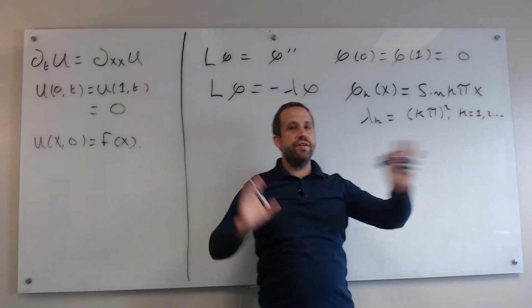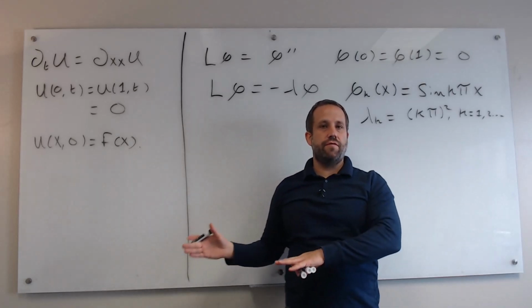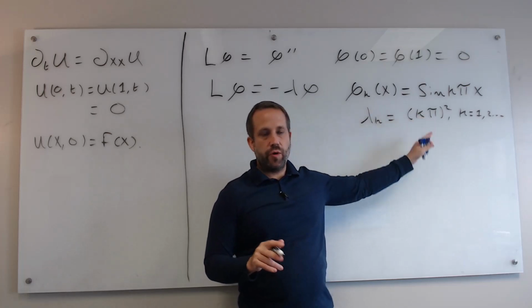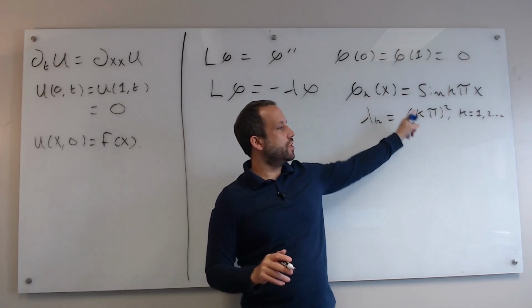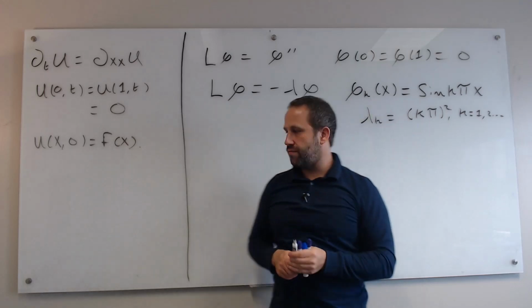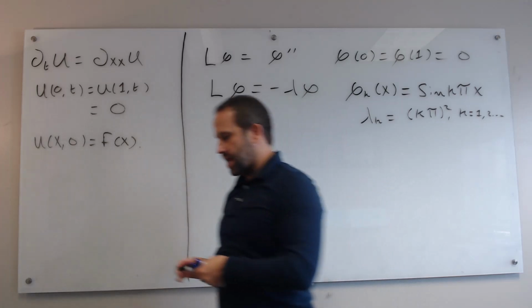Now, if you hadn't done the separation of variables stuff first, this might seem a little unmotivated. But you should at least remember this from separation of variables. So I'm going to record this data down here.